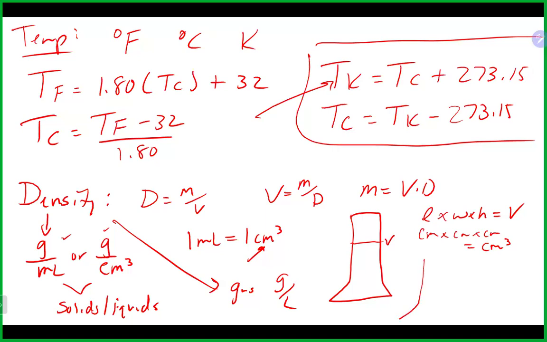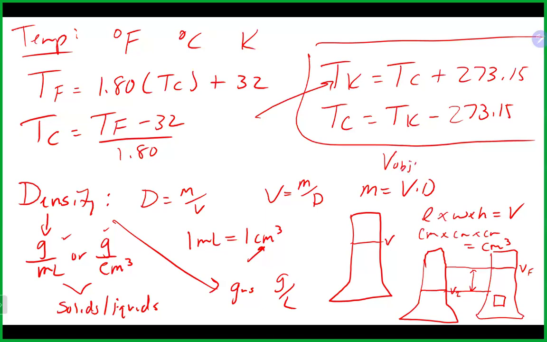You start with a container that has a liquid like water, take some solid object and toss it in there. It will displace a volume equal to its own. So if you take two readings and take the difference, you get the volume of the object by taking the final volume minus the initial volume. That is a very common way, and we did it in those labs as well, like when you threw your stopper into some water and took a volume reading before and then after.